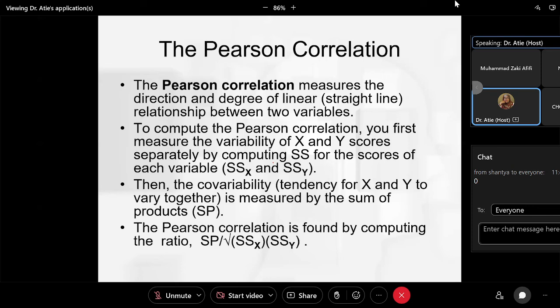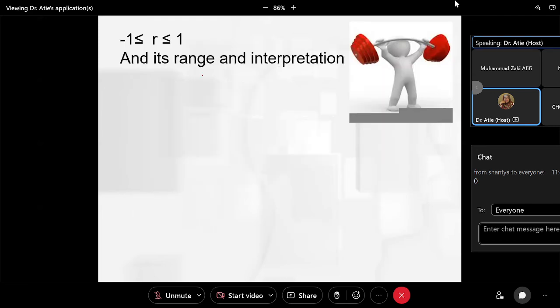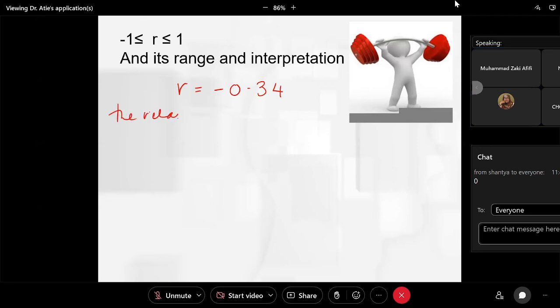And the R should be between -1 and 1. So let's say I have R equal to negative 0.34. I can conclude that the relationship is negative in terms of the direction.